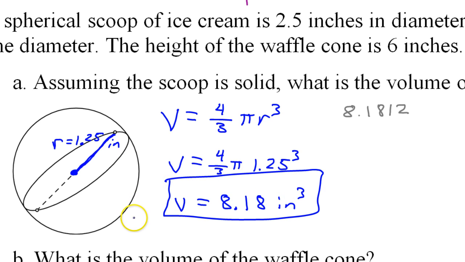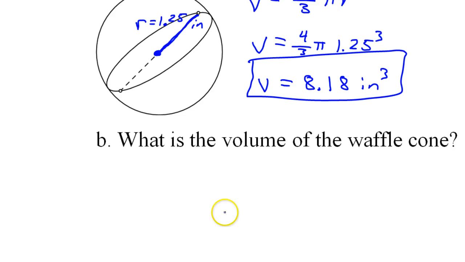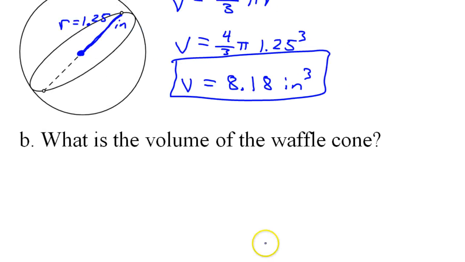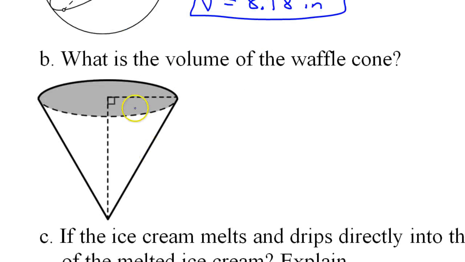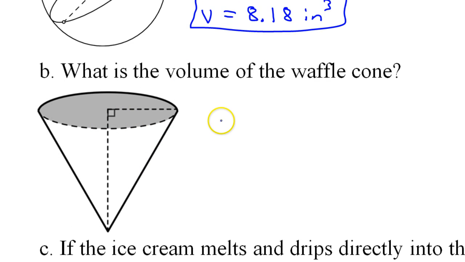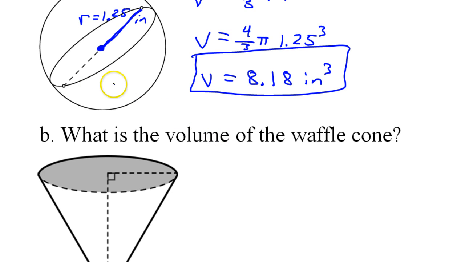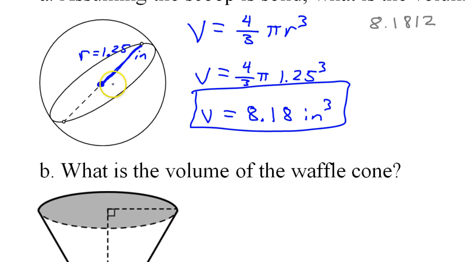All right, so moving on. For part B, what's the volume of the waffle cone? Our cone contains the sphere of ice cream, and they are supposed to have the same diameter, and therefore they will have the same radius. So once again, the radius is 1.25 inches.